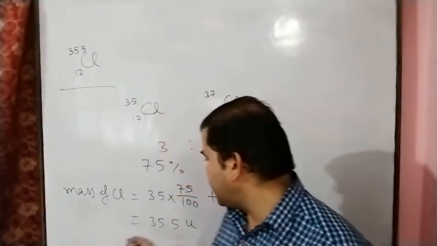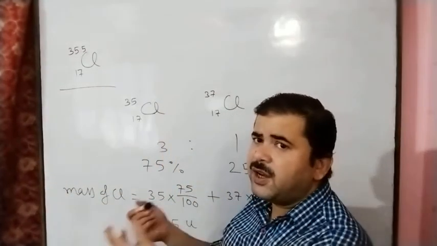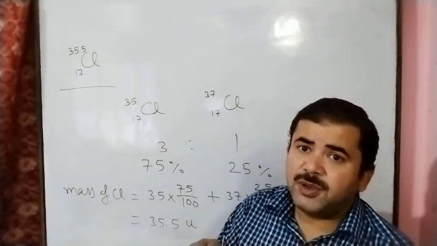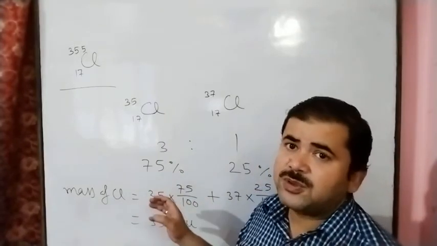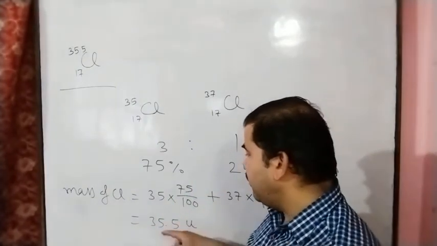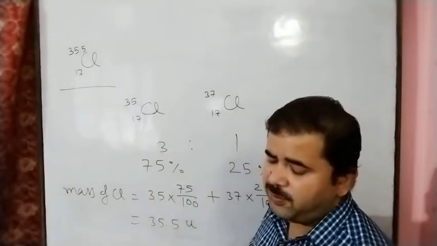This is the average mass, 35.5. This is the reason we write the mass of chlorine as 35.5: chlorine has isotopes and we take the average mass. After averaging we get 35.5.